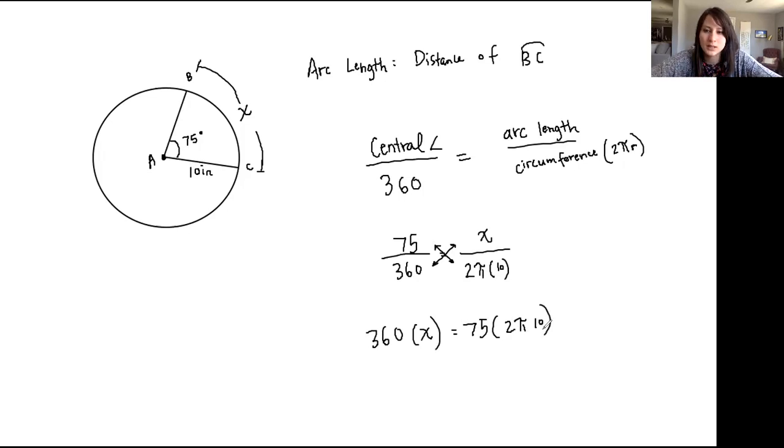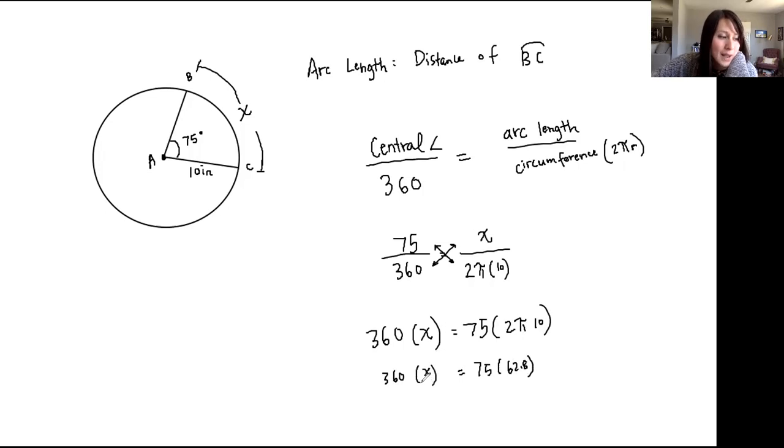So let's plug that in. And when I plug this in, 75 times 2 times pi times 10, this is 62.8. So when I multiply this out, it is 75 times 62.8, 360 times x.